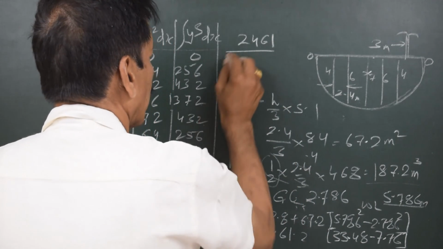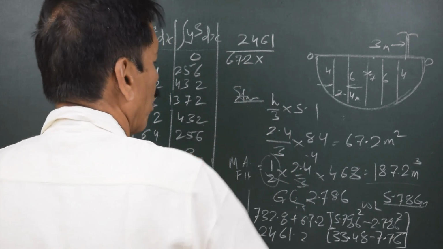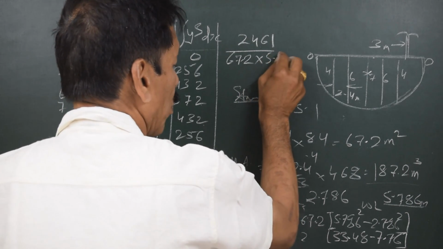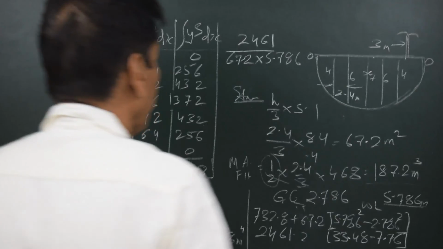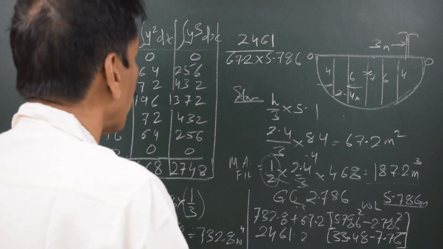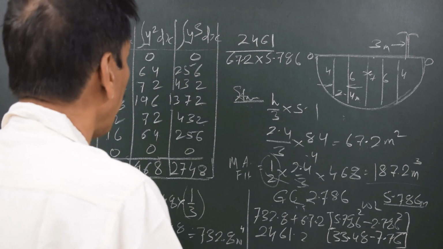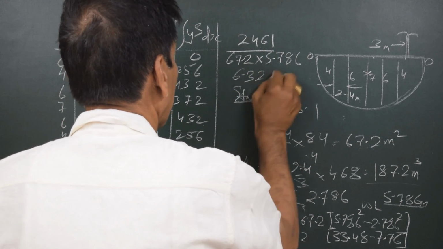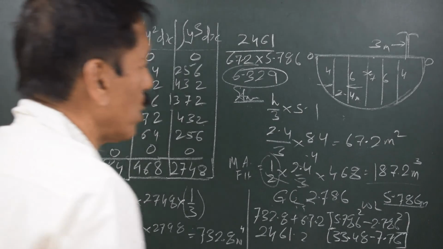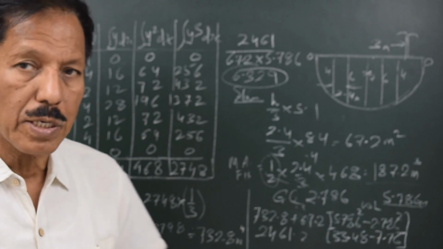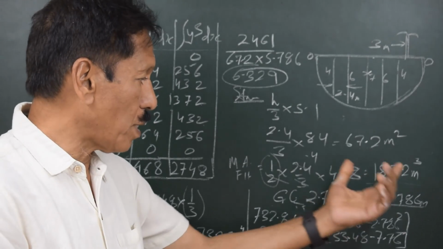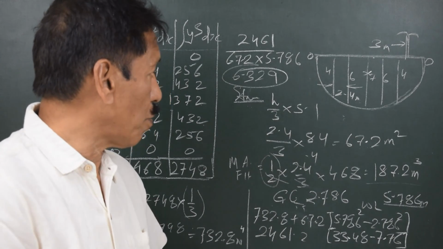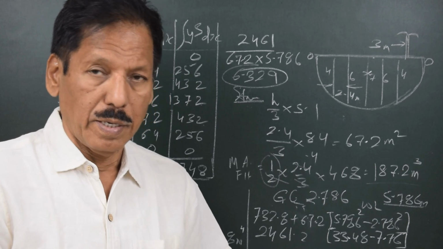Divided by area, that is 67.2, multiplied by depth of the geometric centroid below the water level, that is 5.786, we get 2461 divided by 6.329. So 6.329 is the position of center of pressure below the water level. As you know, the geometric centroid was 5.786 meters below the water level, and the center of pressure is 6.329 below the water level.